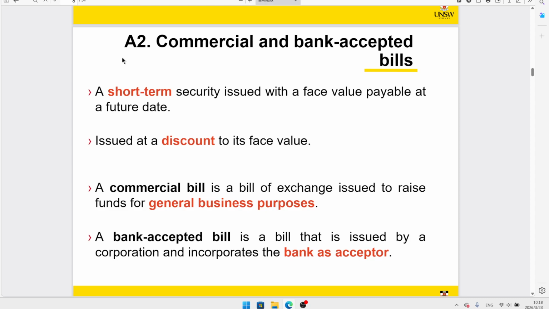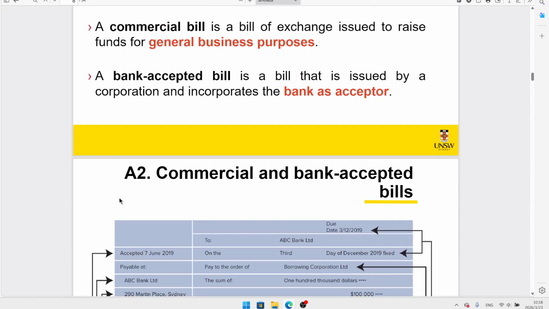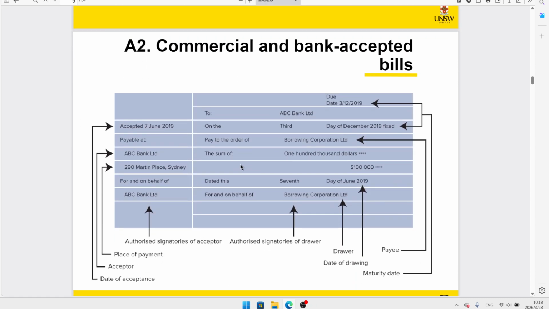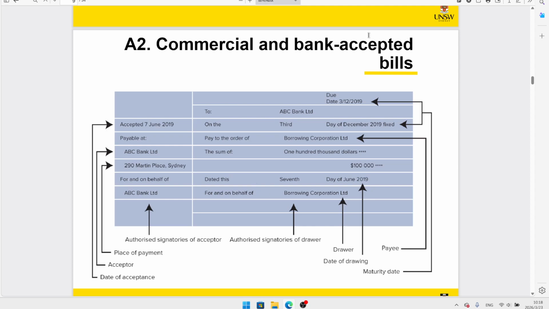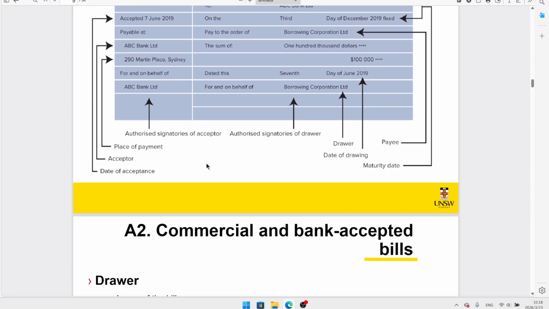The key features of commercial and bank accepted bills are that they are issued at a discount and issued by a corporation. We can see this is a typical form of the commercial and bank accepted bill.